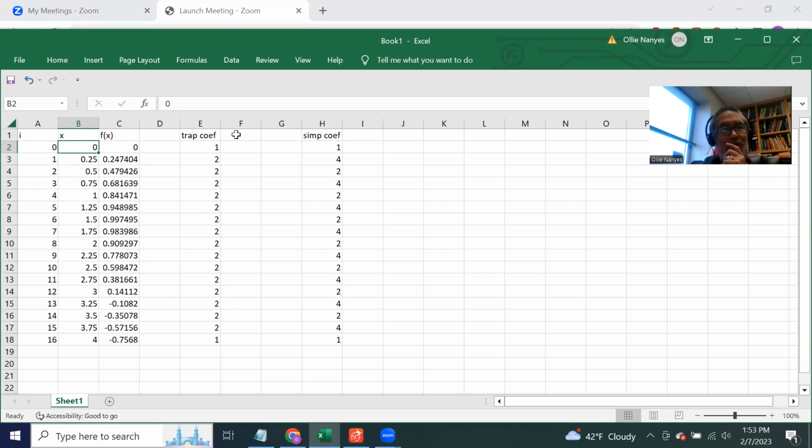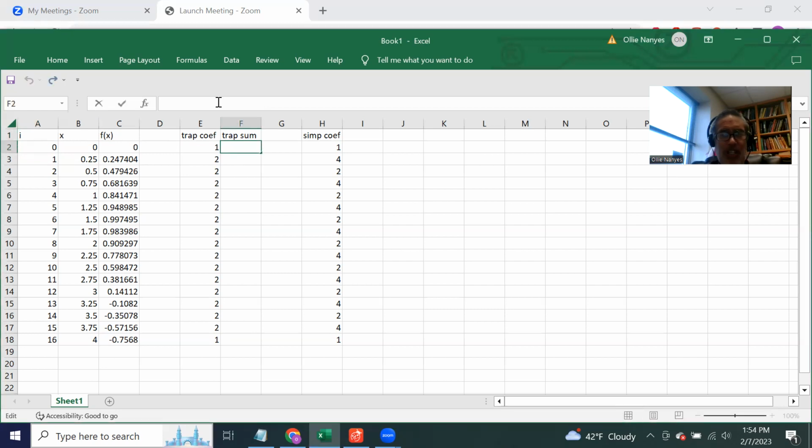The first thing the trapezoid rule does is take a sum of the function evaluated at these points times the coefficient, with the first one getting a 1, the last one getting a 1, and all the middle ones getting 2. So I'll just call this trap sum right here, or you can call it whatever you like.